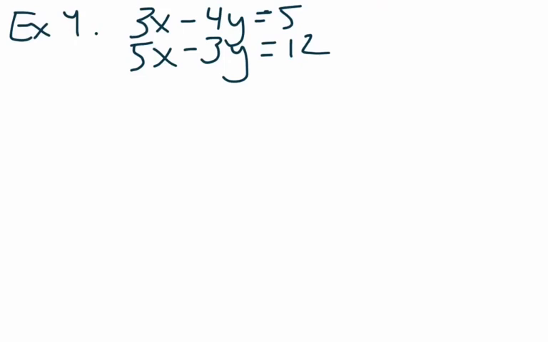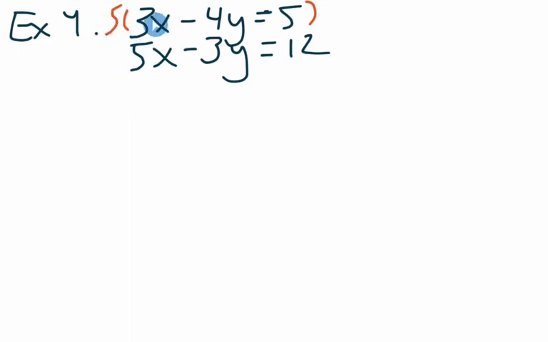In order to make the best decision here, what you want to be able to do is find the least common multiple between the 3 and the 5. But you don't have to have the least common multiple, so I'm not going to harp on that. I'm just going to tell you what's going to work all the time. If you take the top equation and you multiply it by the number on the bottom. So remember, we're focusing on the x's here.